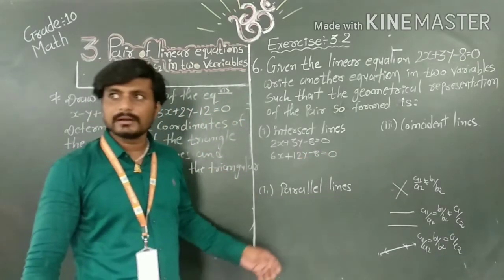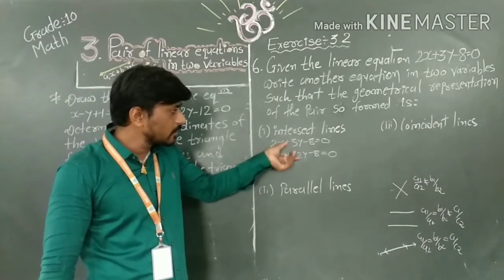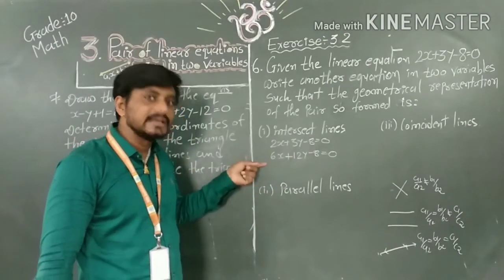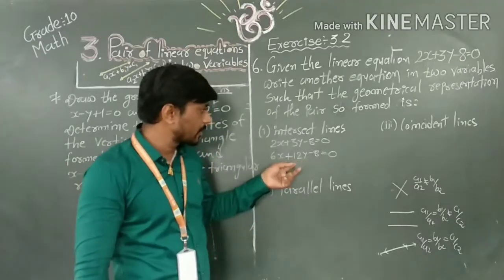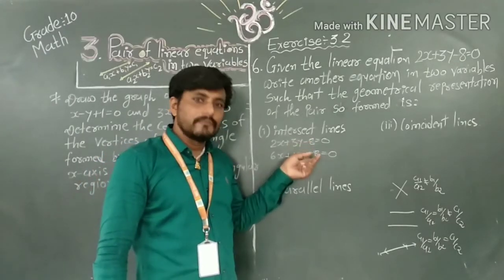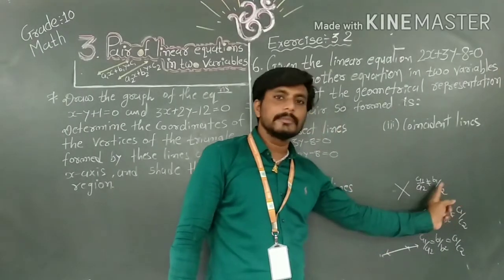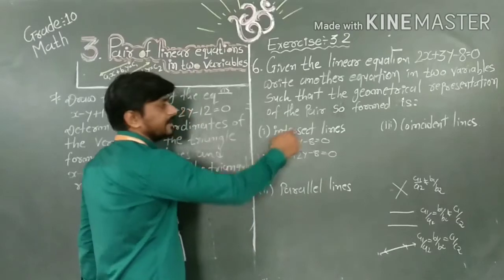Look here, the ratio of these two terms is 1 upon 3, 2 upon 6, and of these two terms is 1 upon 4, 3 upon 12. Therefore a1 upon a2 is not equal to b1 upon b2. This is an example of intersecting lines.